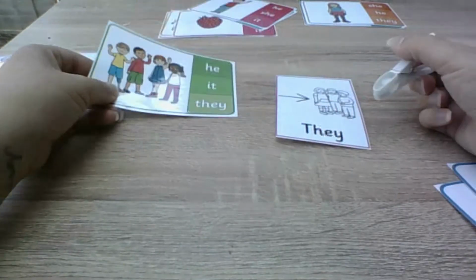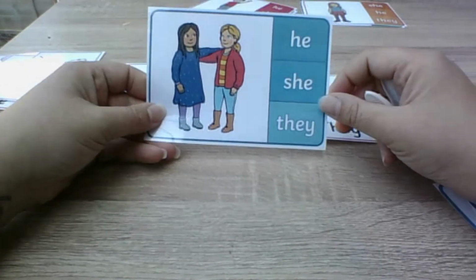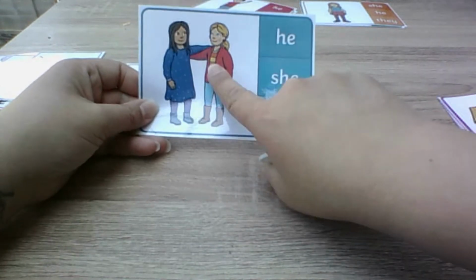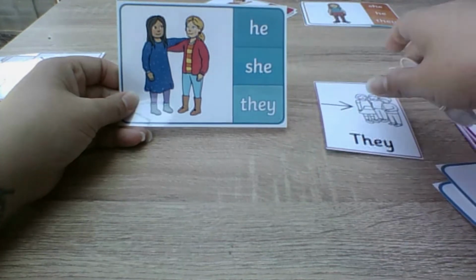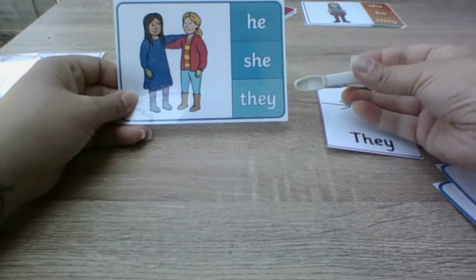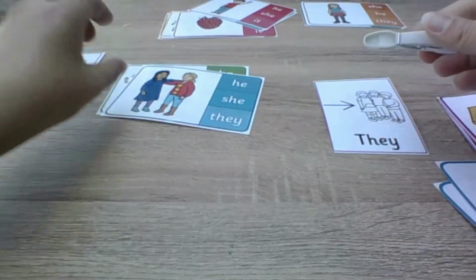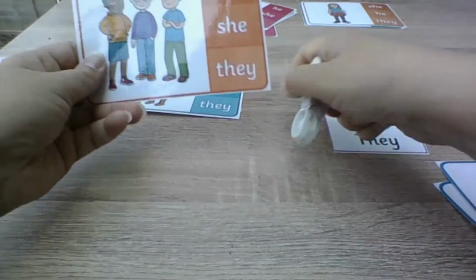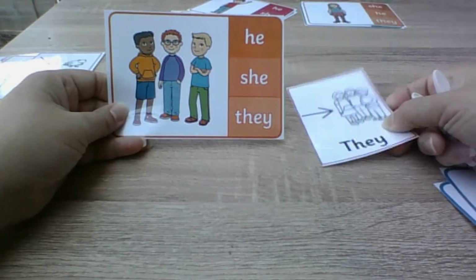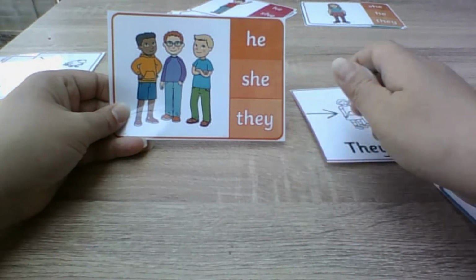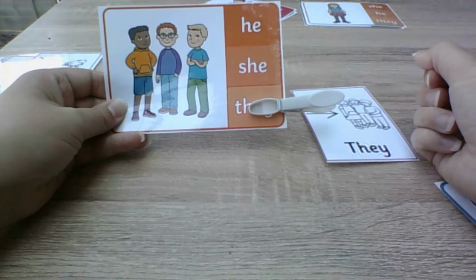They are standing waving. Again, there are two girls, so you would say they are hugging each other. And then lastly, there's a group of boys standing together. They are standing together.